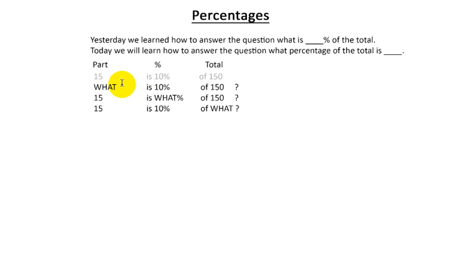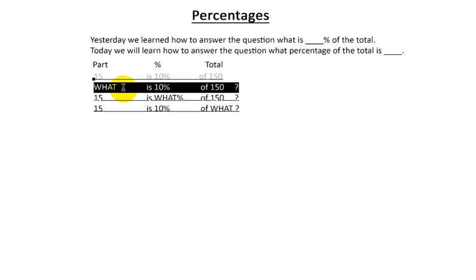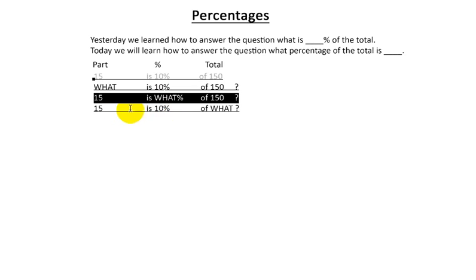That's the kind of problem we discussed yesterday, and we showed how to solve it. Today, we're going to be talking about the kind of problem where I know a part of the total, I know the total, and I'm looking for the percentage.